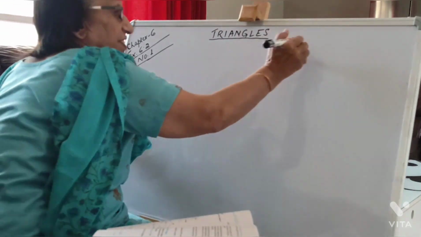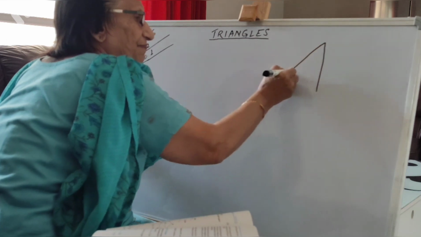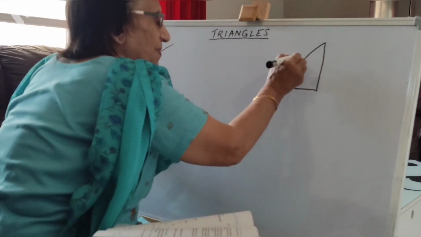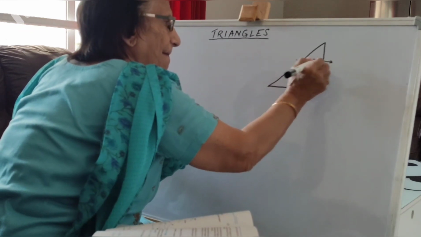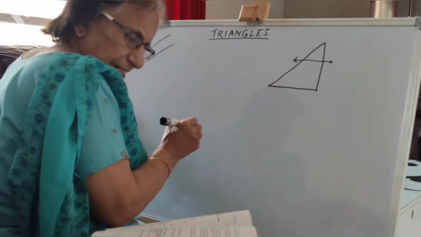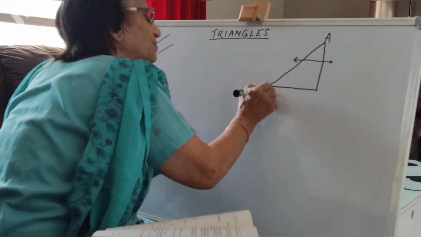Let me take one triangle as given in the book. The name of the triangle given in the book is ABC, so I will also write down the same.